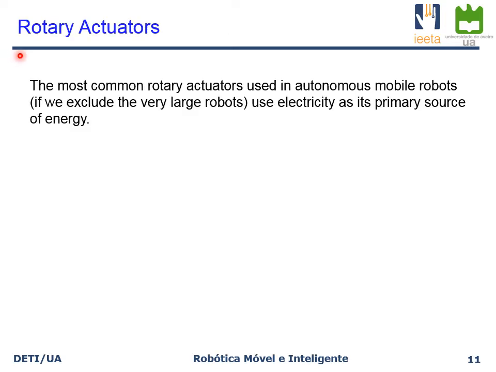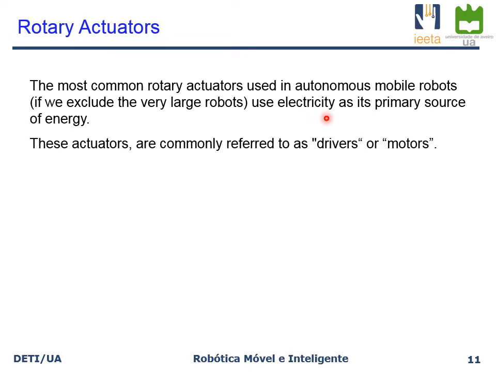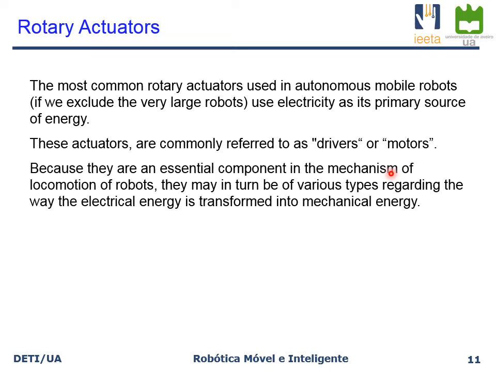So moving on, we'll now look into the rotary actuators. The most common rotary actuators used in autonomous mobile robots, if we exclude, of course, the very large robots, use electricity as their primary source of energy. These actuators are commonly referred to as drivers or motors, depending on the application in which they are included.